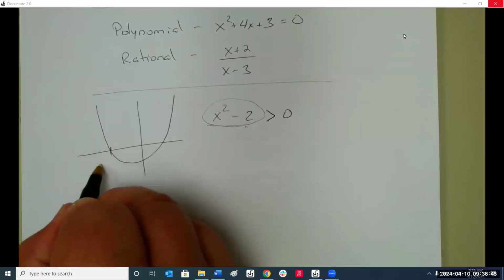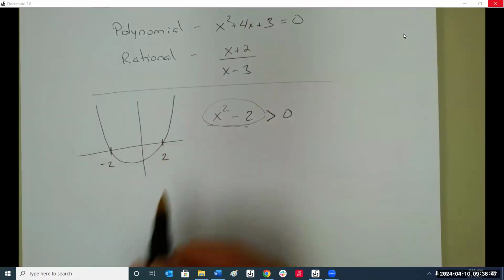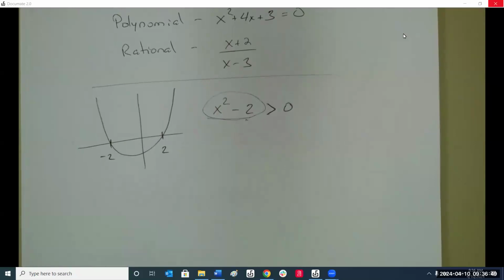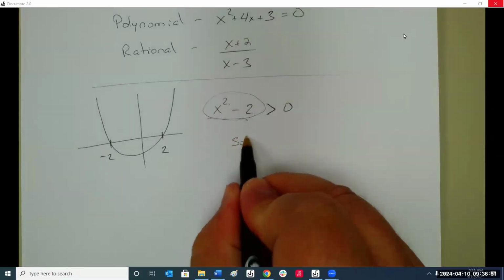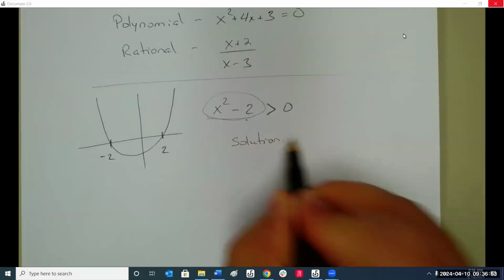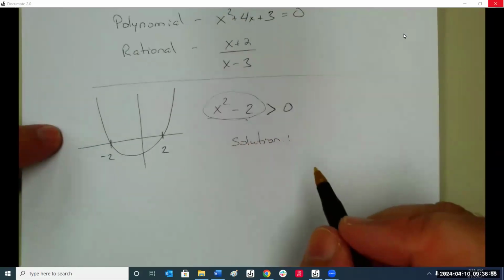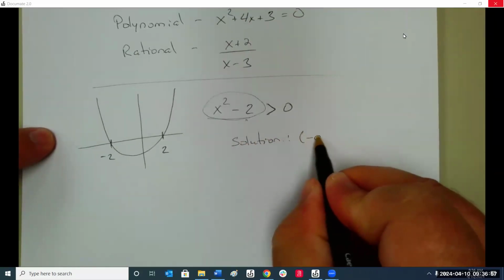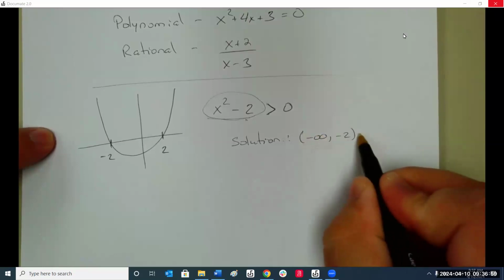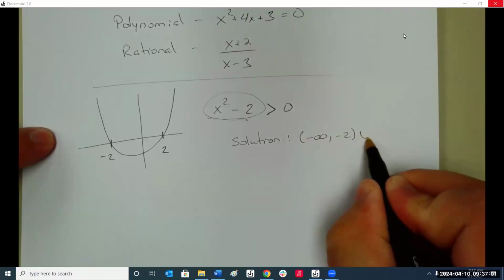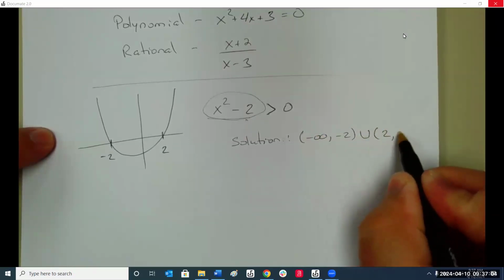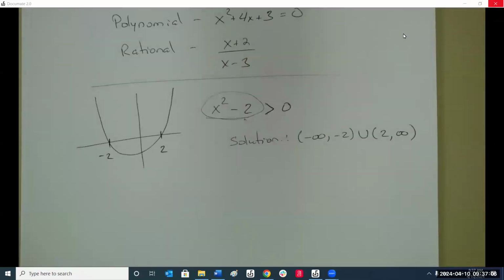So let's say this is at -2 and this is at +2. The solution for this example would be from -infinity to -2, union 2 to +infinity.